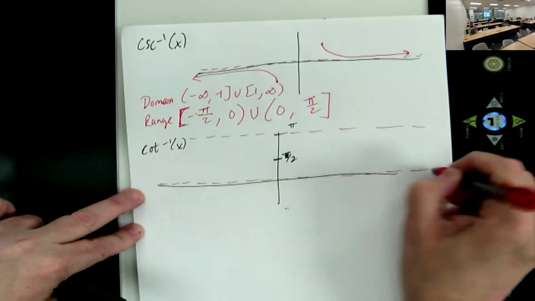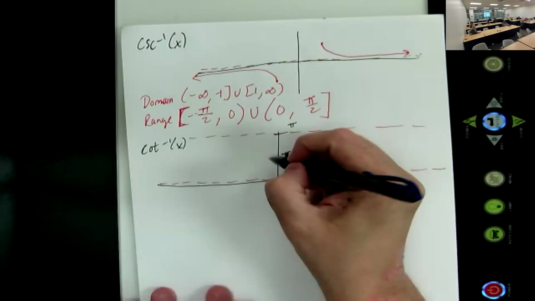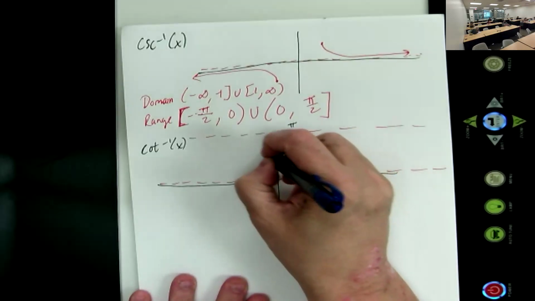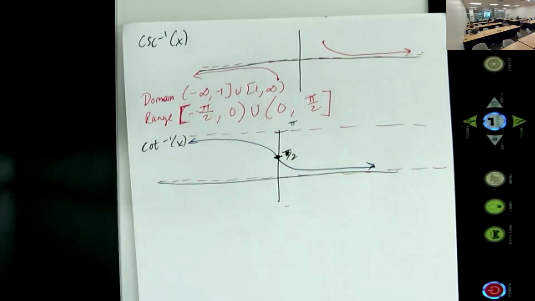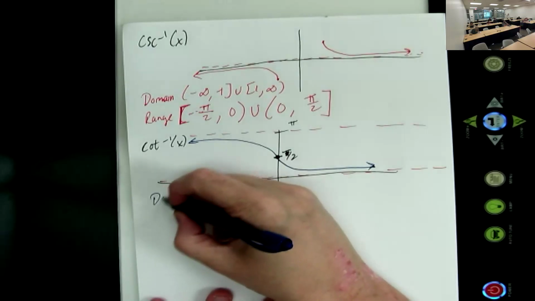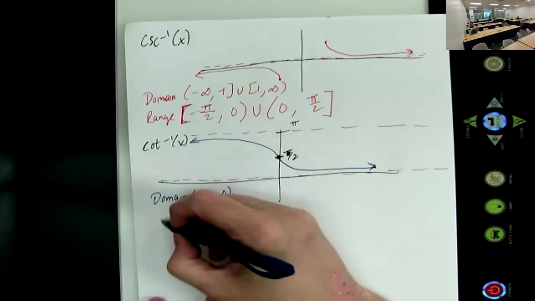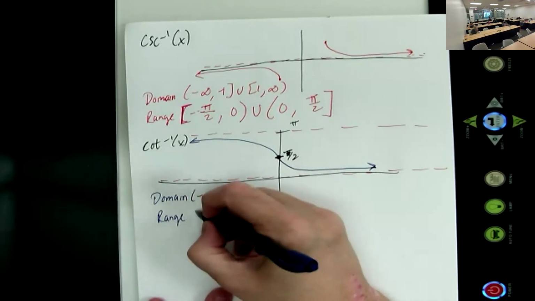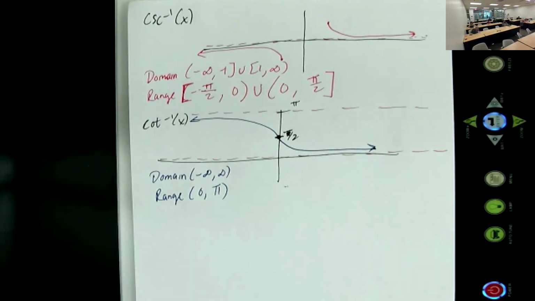Like tangent had asymptotes, cotangent has asymptotes. And this one is positive over here. So the domain is negative infinity to positive infinity. And the range is 0 to pi. Just so you've seen them.